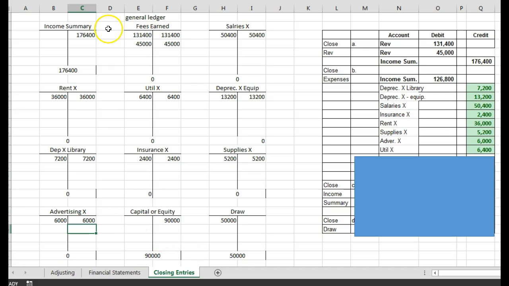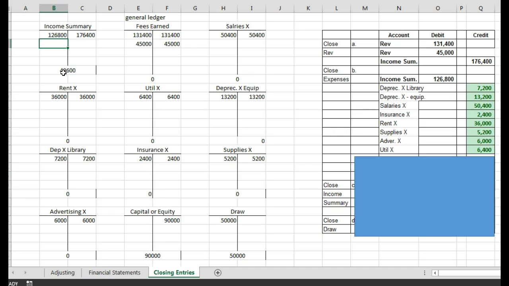The only account that still has a balance that you'll have to get rid of is the draw. Okay, so I've credited those. I'm going to debit this one for $26,800. Now I have a balance of $49,600. What is that number? What are revenues minus expenses?